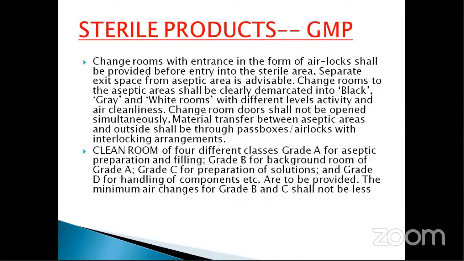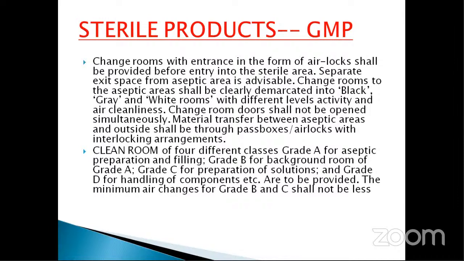As far as our country is concerned, according to the gradation of clean rooms, there are grade A, grade B, and grade C, and also grade D, so 4 kinds of rooms. Grade A means a high class clean room, where aseptic preparation and filling is done. Grade B is the surrounding rooms of the aseptic room; the background rooms of grade A are maintained at grade B quality.